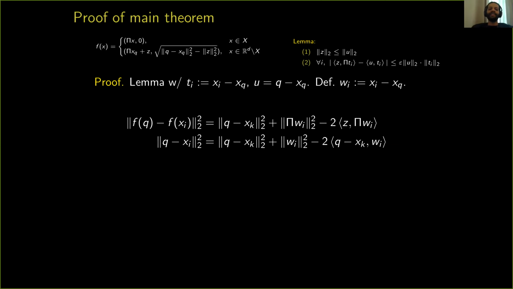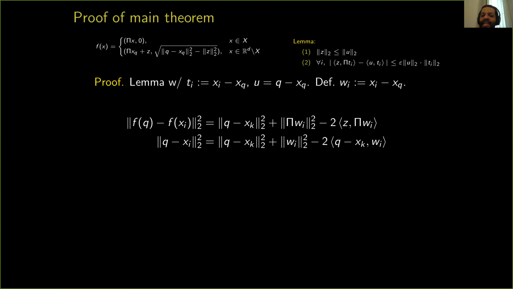So you look at f of q minus f of x_i, look at its L2 norm squared, and expand that, right? Just use the fact that the norm of a minus b squared is a squared plus b squared minus twice the dot product. I don't know, is that called the parallelogram rule? Okay. And do the same expansion for q minus x_i. You'll notice that these two things look quite similar, except the first terms cancel out, and then I have these other terms that don't quite cancel out, but one has pi's, one doesn't have pi's.